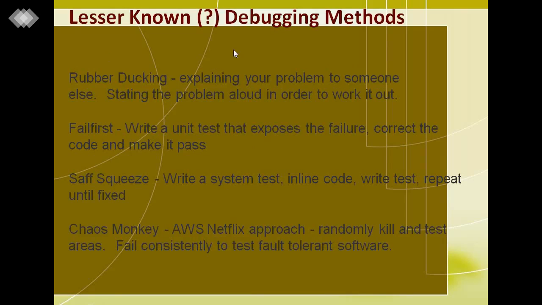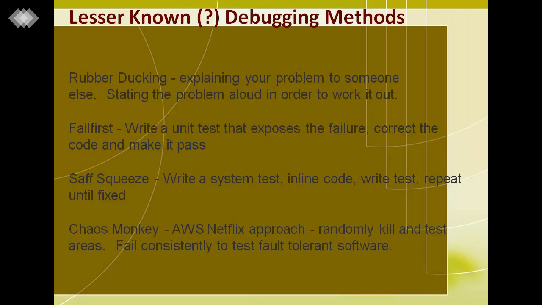So, debugging methods and tools. Now, lesser known debugging methods like rubber ducking, which means explain your problem to someone else, stating the problem aloud in order to work it out. Next is fail first: write a unit test that exposes the failure, correct the code and make it pass.